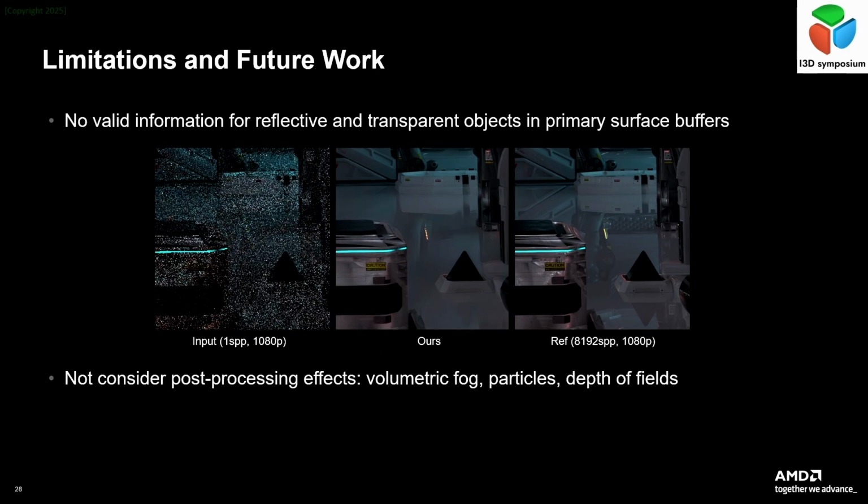To better handle this case, extending our guiding buffer with more information, for example secondary hit information, in the guiding buffer or as separate information, would be useful to improve this reflection quality. We leave that as future work.